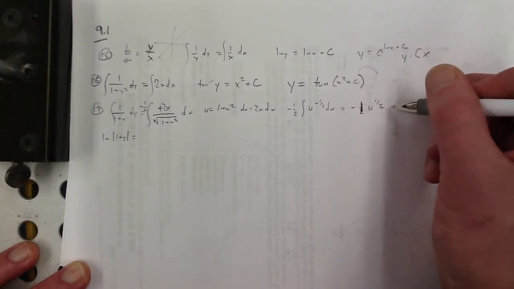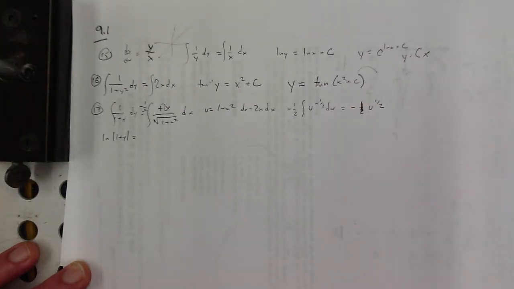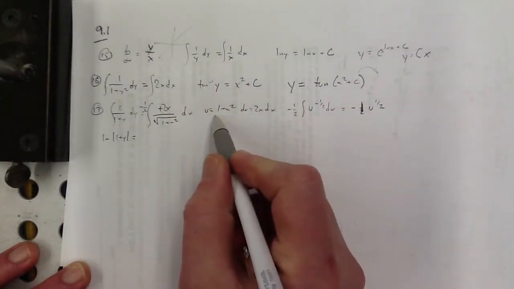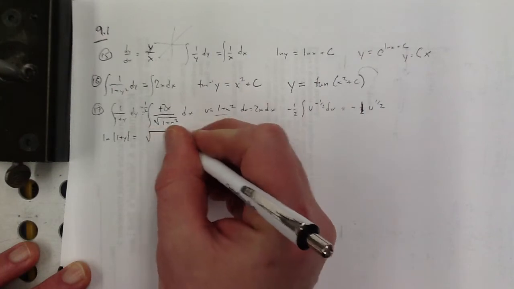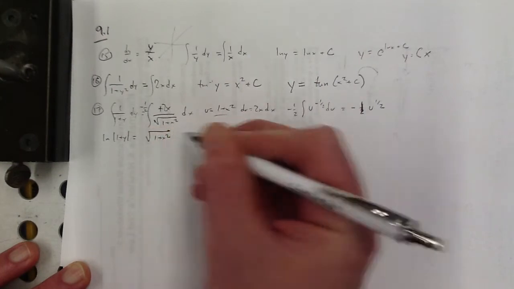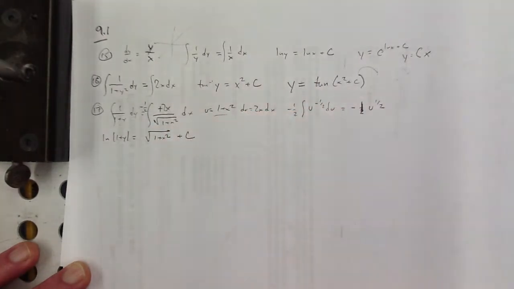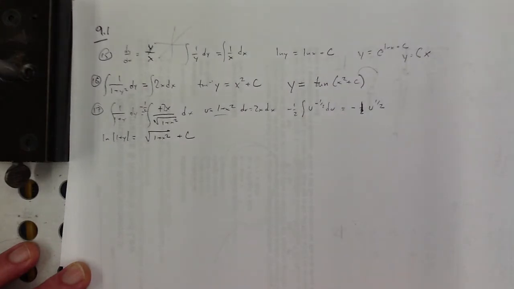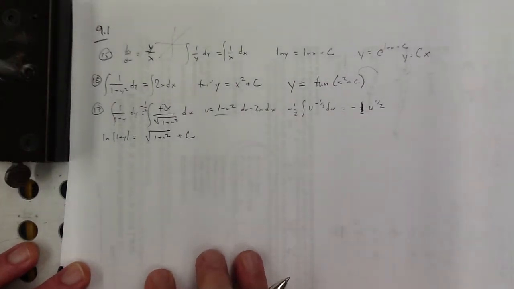So negative u to the 1/2 plus c over here, and u is this. So that's the square root of 1 plus x squared plus c after I do that u substitution.